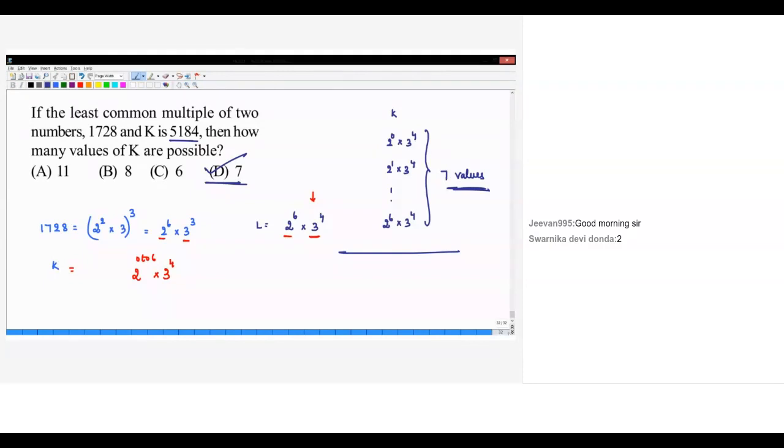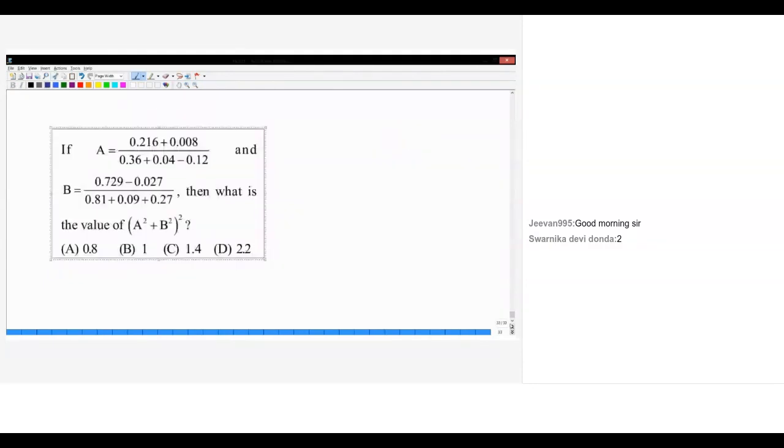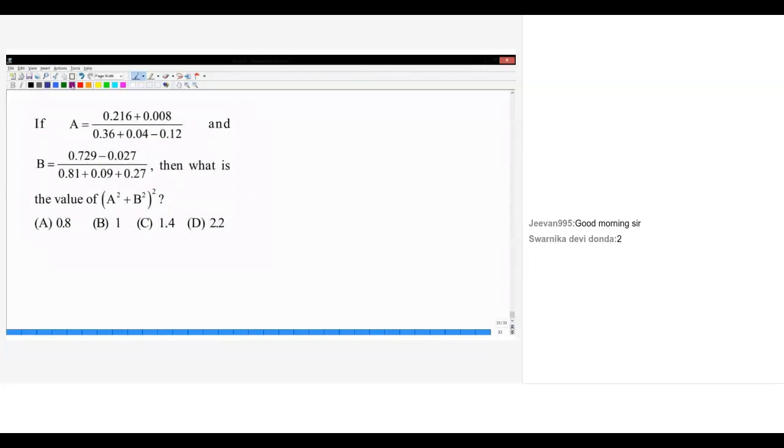Questions like simplifications. What is the formula of a cube plus b cube? It is a plus b into a square plus b square minus ab.